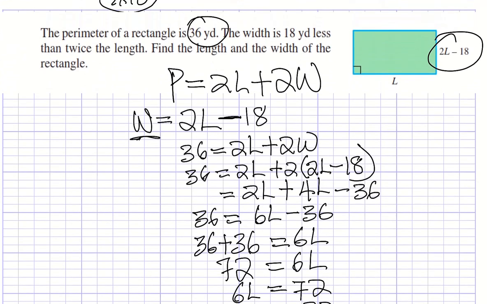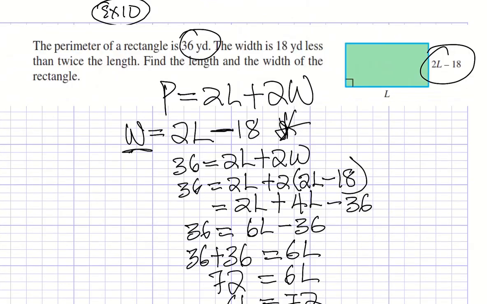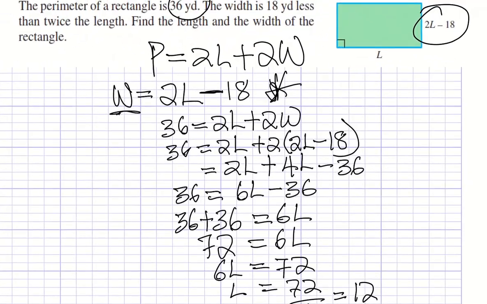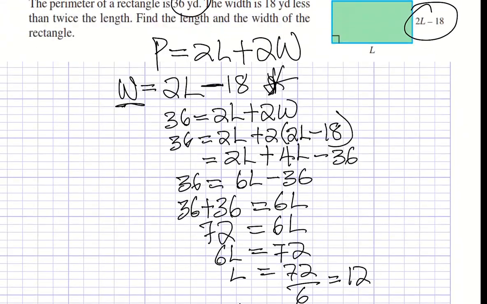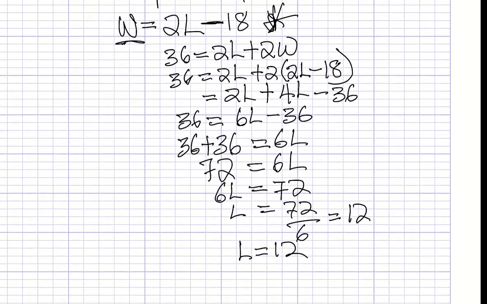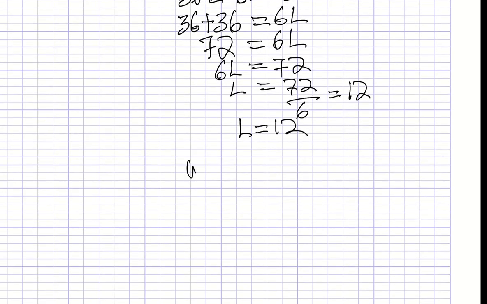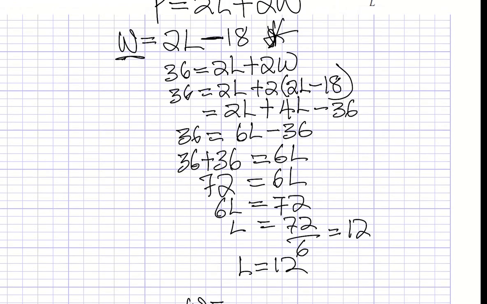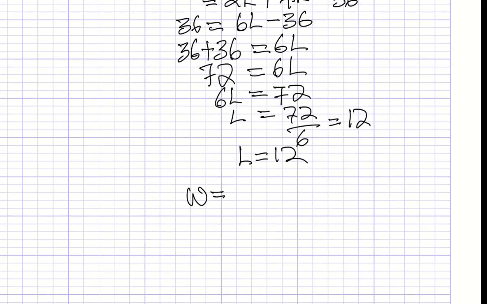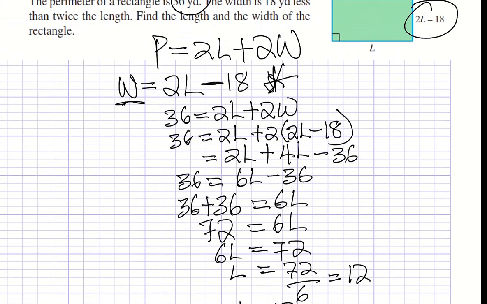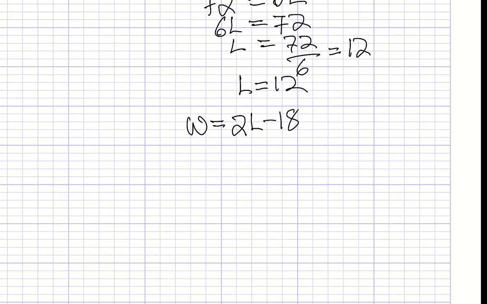If L is equal to 12, then what is W right here? Since we have W, the width, is equal to 2L minus 18. 2L minus 18, right? That's what we had. Yes. Then this is the same thing as 2 times 12 minus 18.